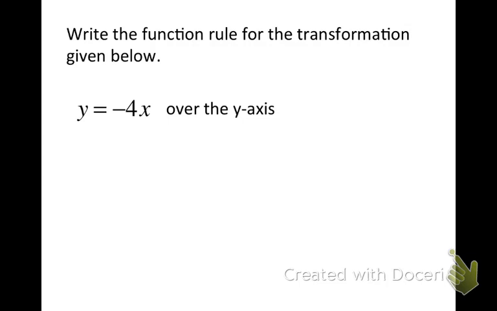Let's look at another one that we might do. I would like you to write the function rule for the transformation given below. I would like you to take y equals negative 4x, and reflect it over the y-axis. Now go back and look at your notes. When you're reflecting over the y-axis, you are actually changing the sign of your m value.